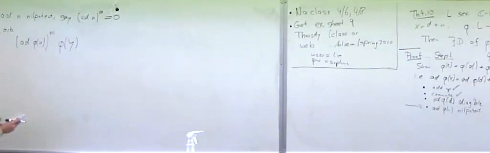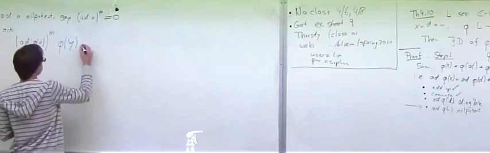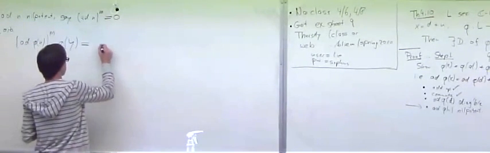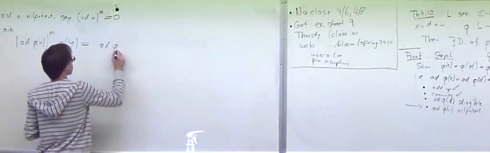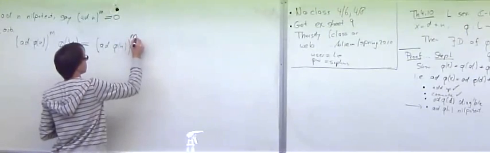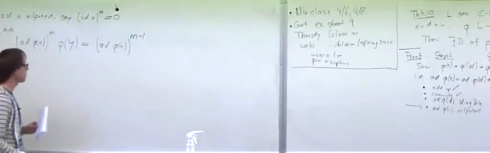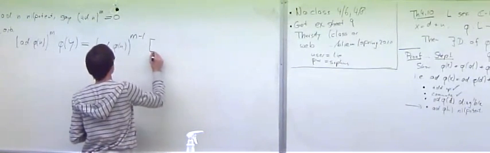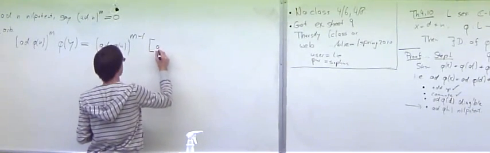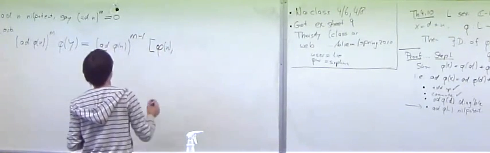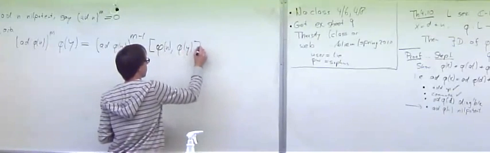And let's just check whether this works out. So what's that? Ad phi of N to the m, I just split off the rightmost application. So this is ad phi of N to the m minus 1. And then I have to apply ad phi of N to phi of y. So that's phi of N commutator with phi of y.